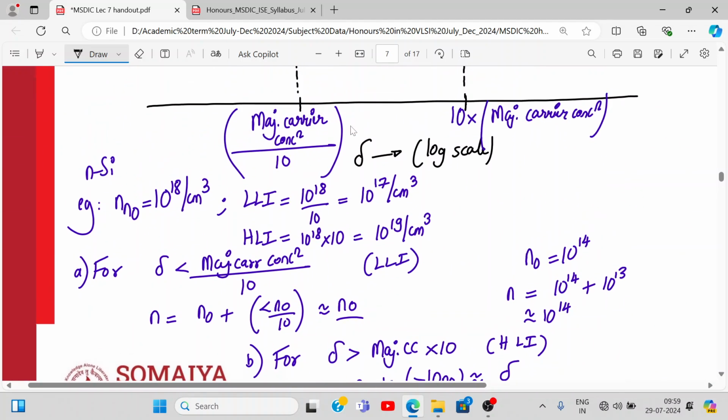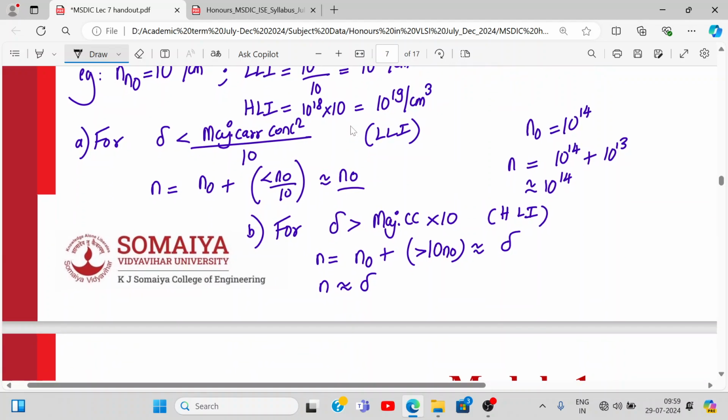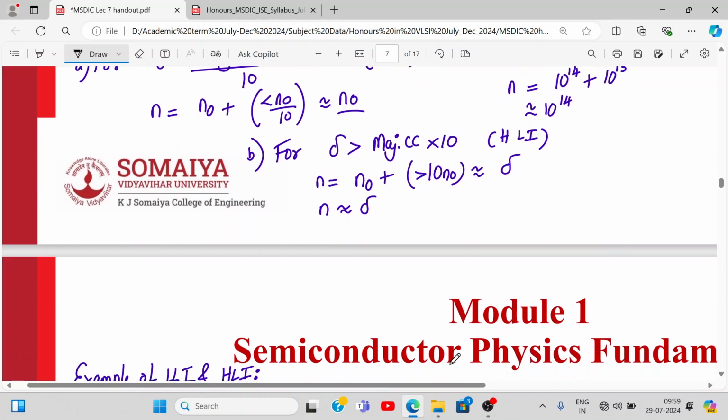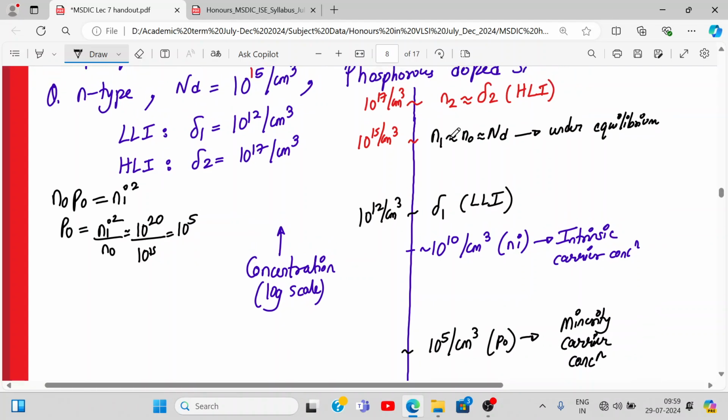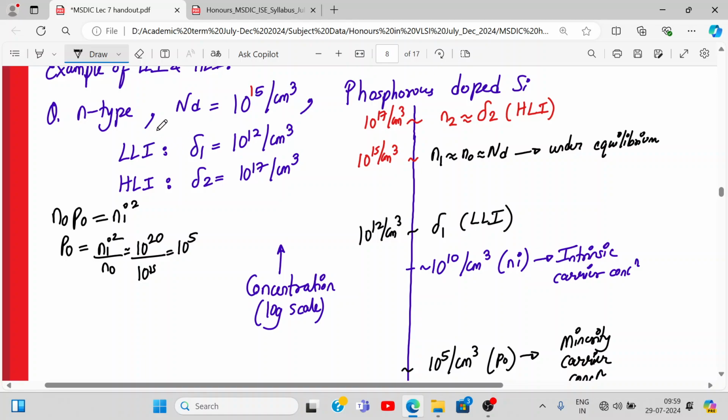From here, do you get any clue? For low level injection, how much will it be? What is N1? N1 corresponds to low level injection, and under equilibrium that is equal to ND only. What will P1 be?